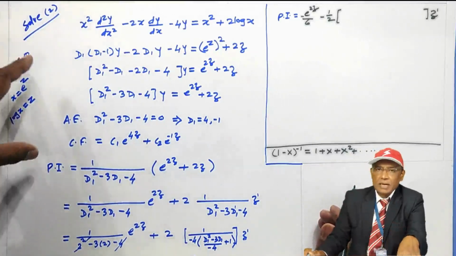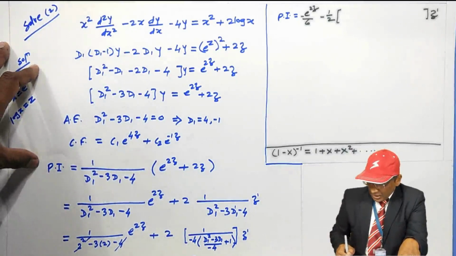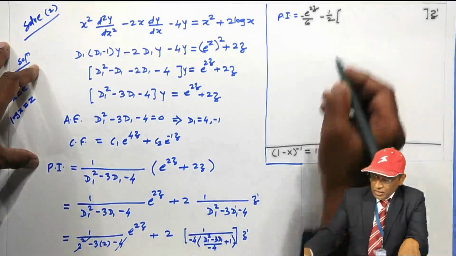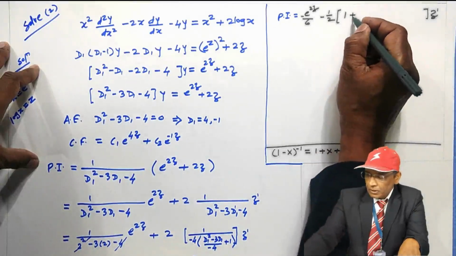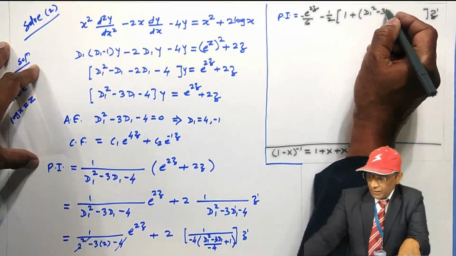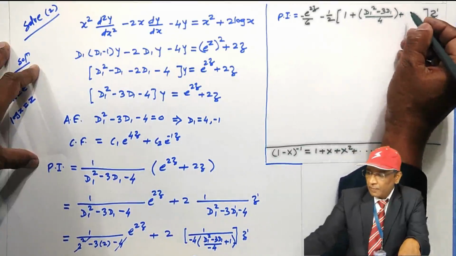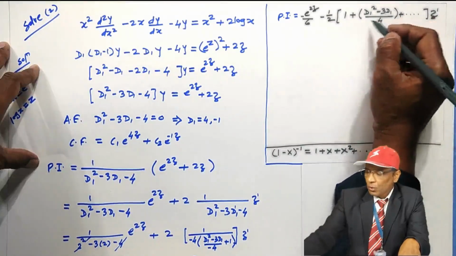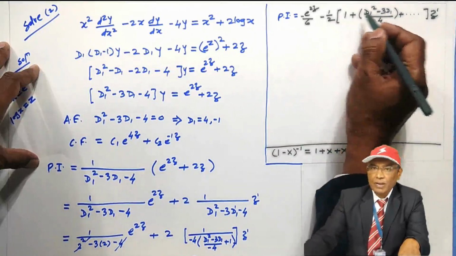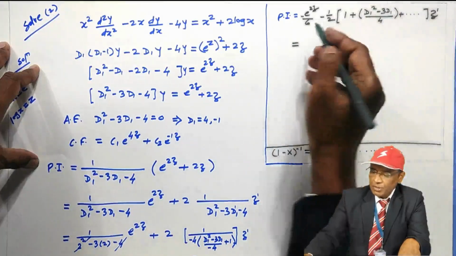For the remaining terms, the algebraic terms become 0. So 1 minus x, this is x for the time being, raised to minus 1 is 1 plus x, which is D1 squared by 4 minus 3D1 by 4, plus x squared, but no need to write this whole square because the power of z is 1 and the first two terms of the infinite series are enough, since for the other terms it will be 0.